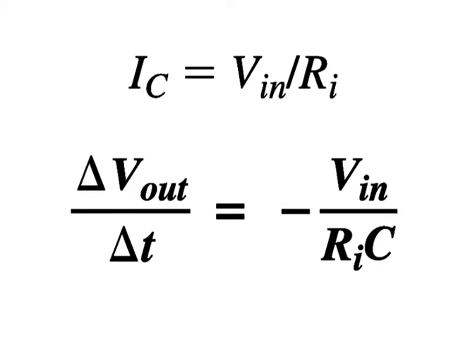Therefore, delta Vout over delta t is equal to minus Vin over Ri into C. Integrators are especially useful in triangular wave oscillators.